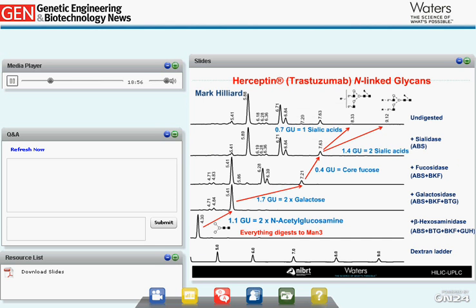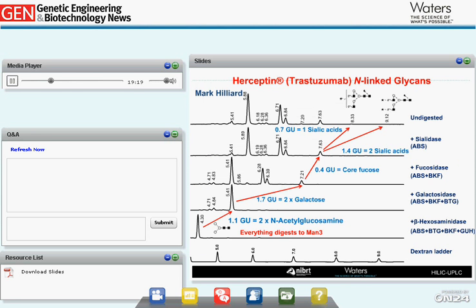Here's an example of Herceptin, and this was some work done by Mark Hilliard, where he took the top line, which is the undigested released N-glycans, and then treated with a sialidase. And you can see where any peak moves, then that tells you that that peak contained sialic acid, which has been removed by this enzyme.